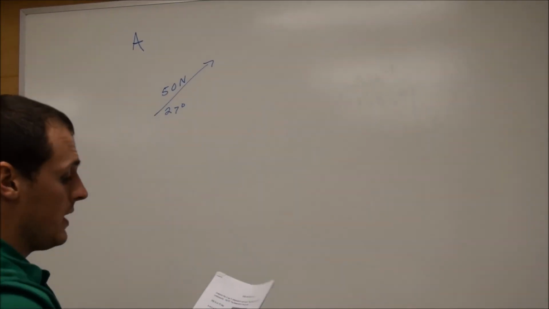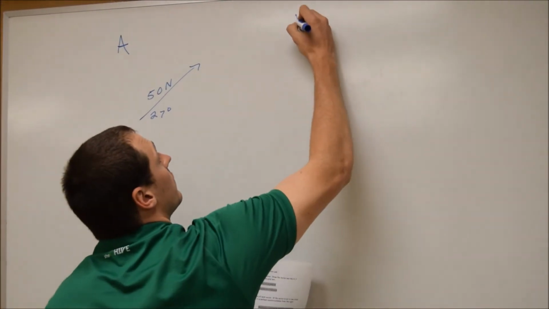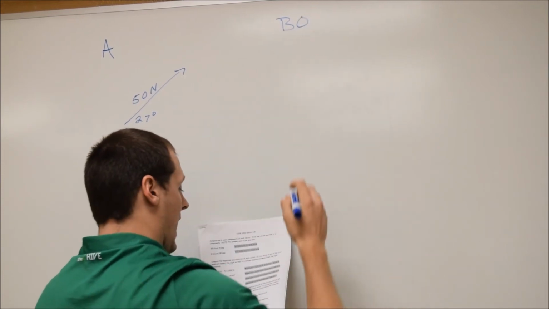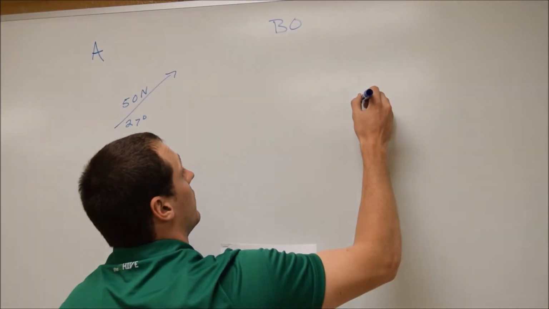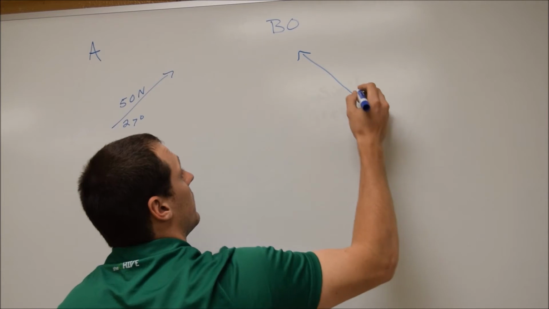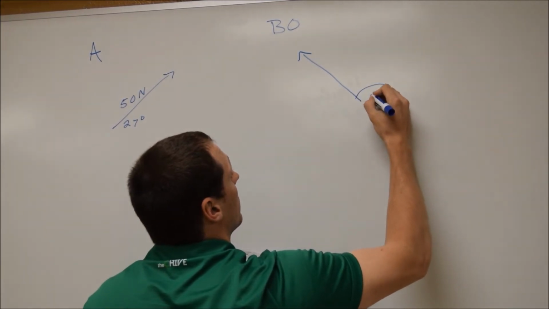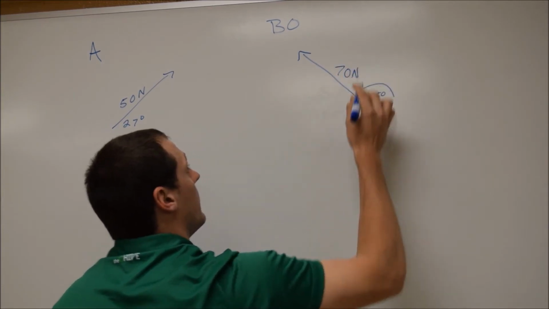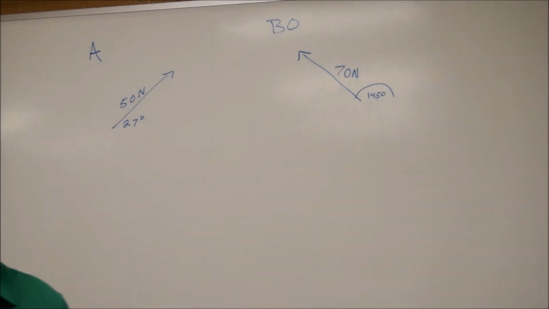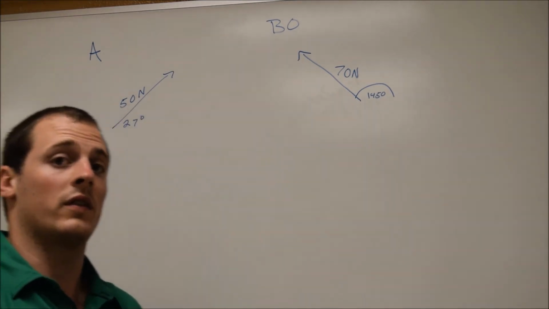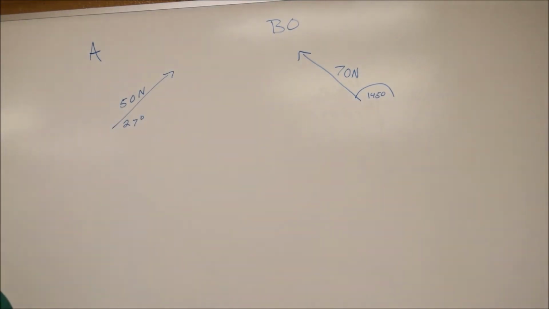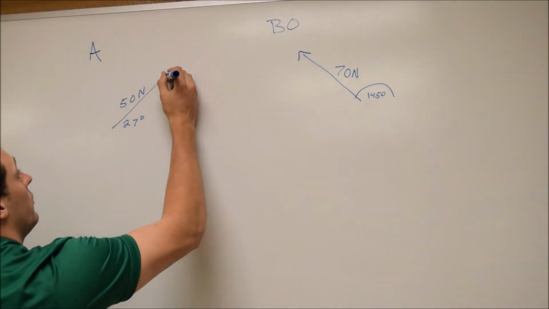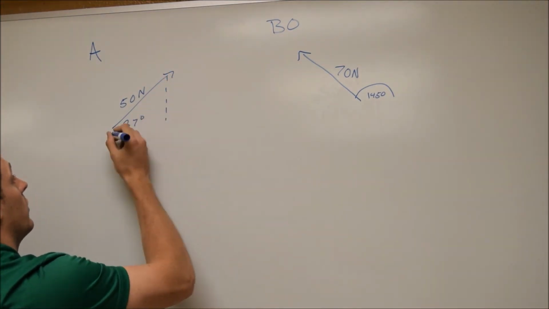And our vector B is 70 newtons at 145 degrees, which is going to look something like this. Now that we've drawn it out and have a good idea of where the vectors exist in space, we can do what we did for the first two problems and essentially solve the triangle here.